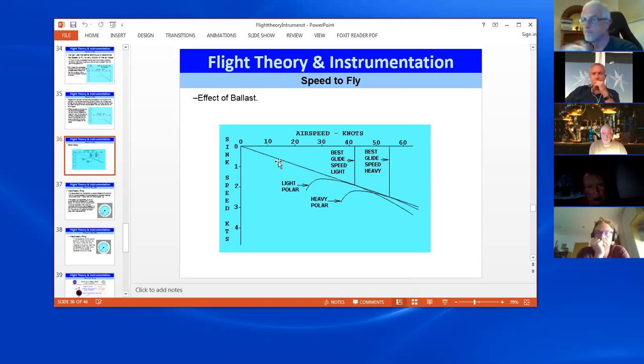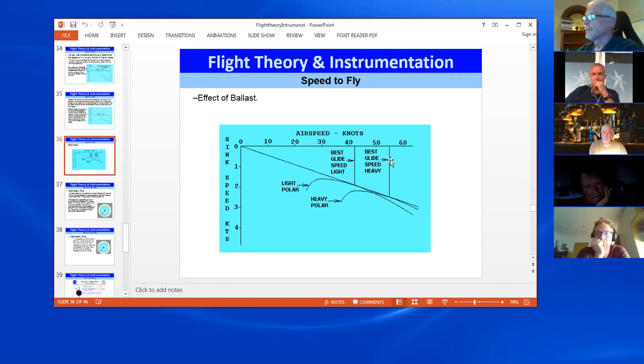Yes, please do. If I look at the graph, it seems to me that the heavier glide speed has greater sink. For the heavy polar, he's got more sink and he's covering the ground faster, but he's going down just as far, isn't he? Well, your glide ratio is the same.